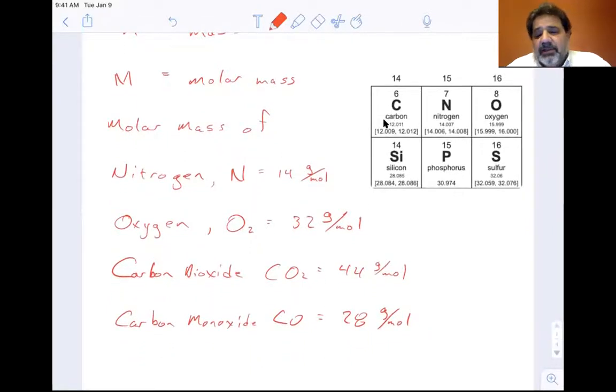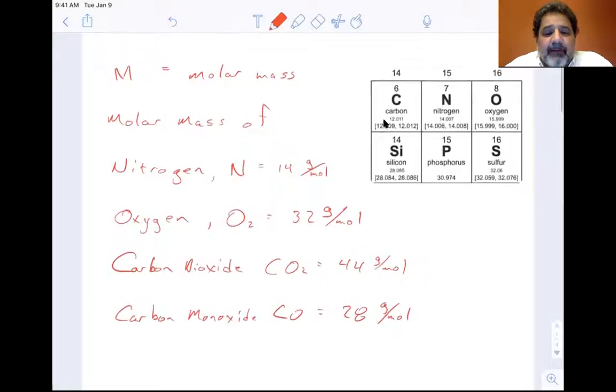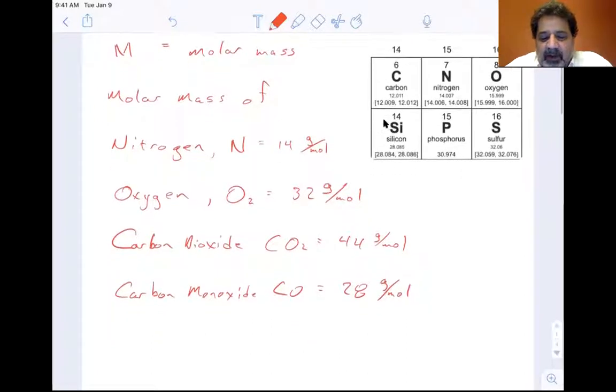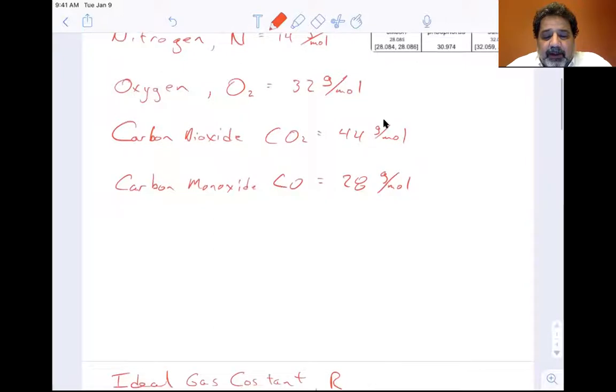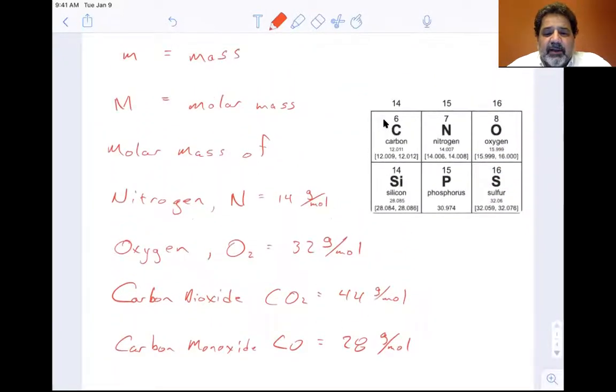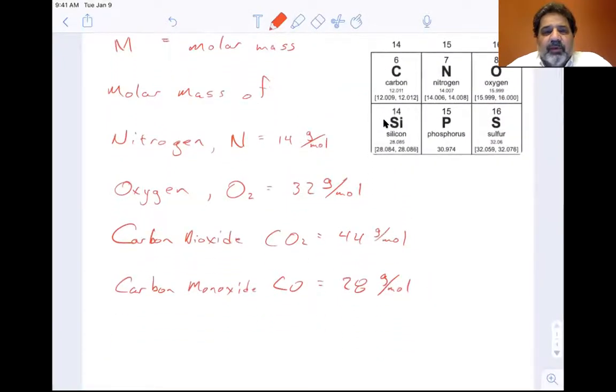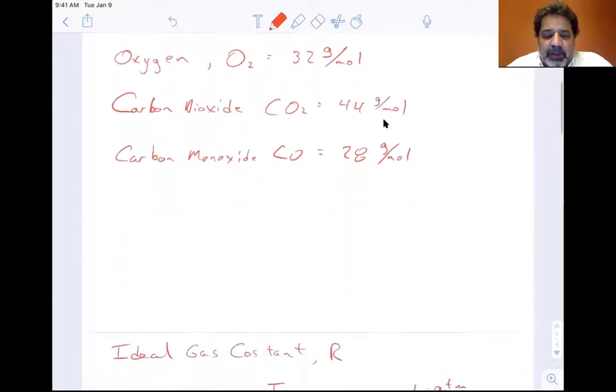Carbon dioxide, you take the 12 plus the 32 that you get with O2, and you end up with 44 grams per mole. Carbon monoxide, you take the 12 and the 16, add them together, you get 28 grams per mole. So that is what the molar mass of these elements and molecules is. Okay, so that'll help with some of the first equations that we see.